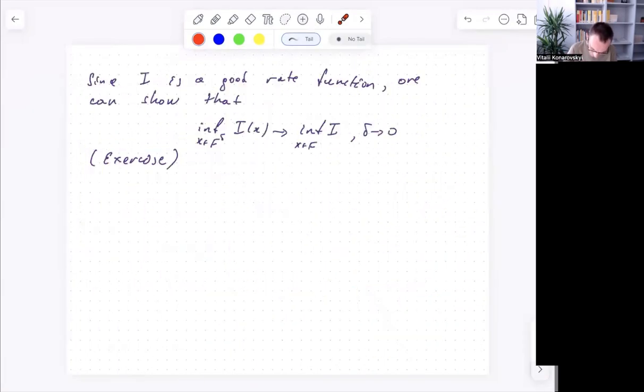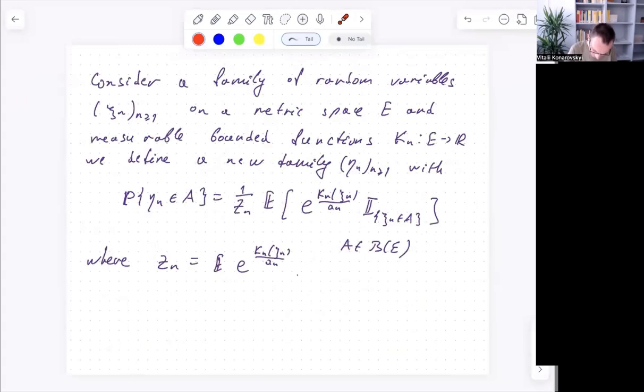Here we had one family of random variables, xi epsilon, xi n, and then we built other random variables eta n that could be defined on a different probability space, but their probabilities are defined like that.